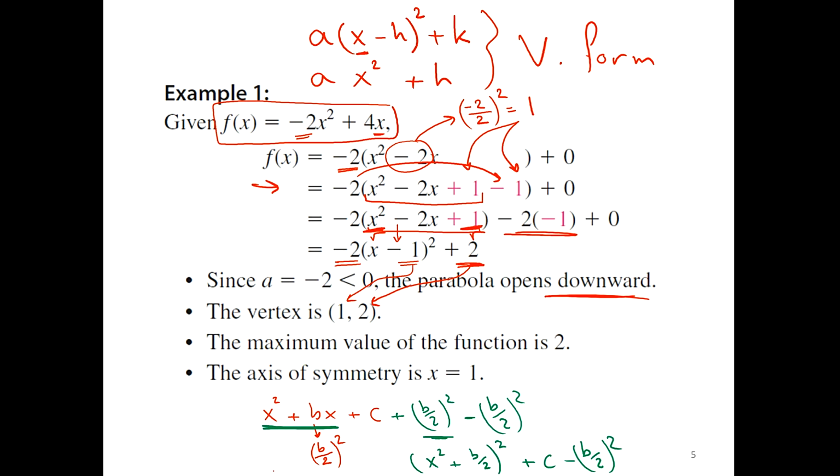Is this vertex maximum or minimum? This maximum, because the parabola is concave down. So the vertex 1 and 2 is the maximum value. And what is the symmetry? Symmetry always equals x equal h. What's the value of h? 1. So the symmetry equals 1. Any question?